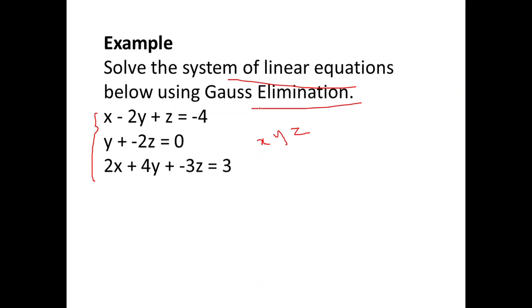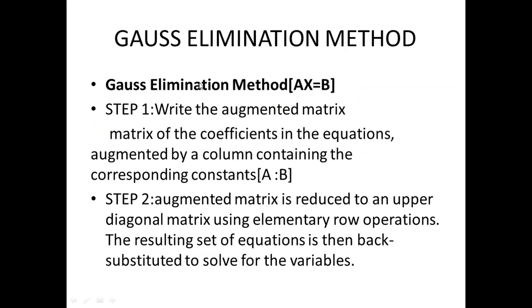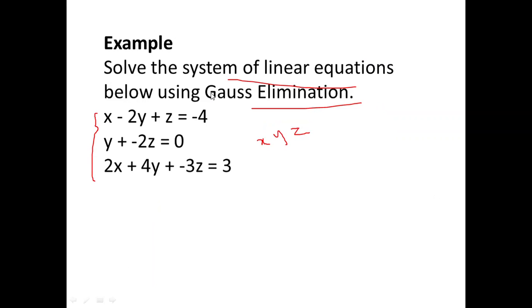Okay, so let's get started. In the Gauss elimination method, we first have to find the augmented matrix. Augmented matrix means A and B are written together. Here we can write the matrix A as, in the form Ax equal to B, the coefficients of x, y and z.